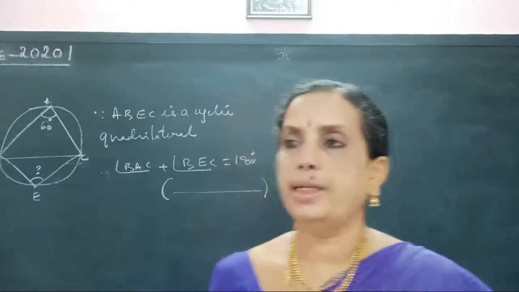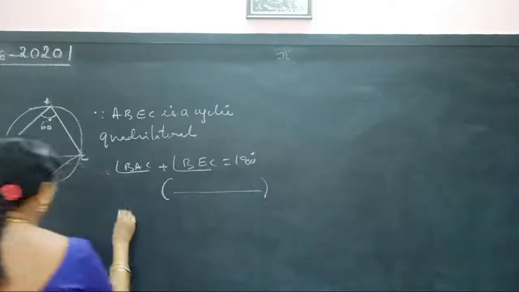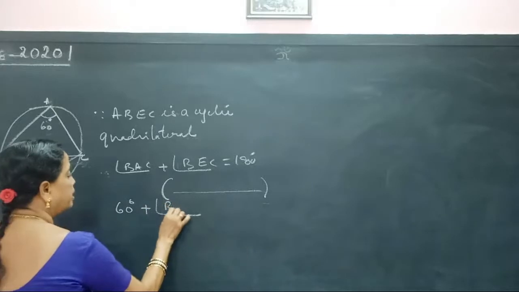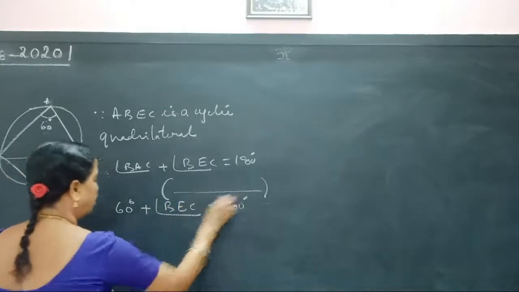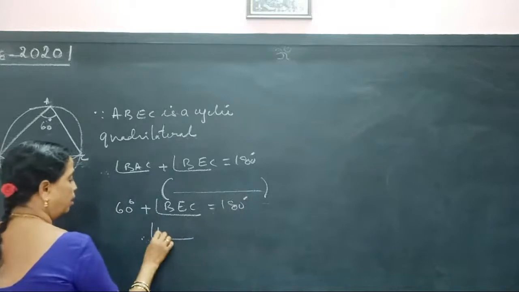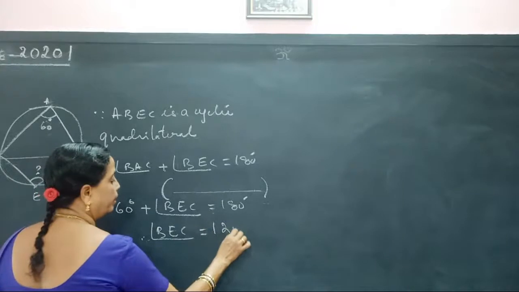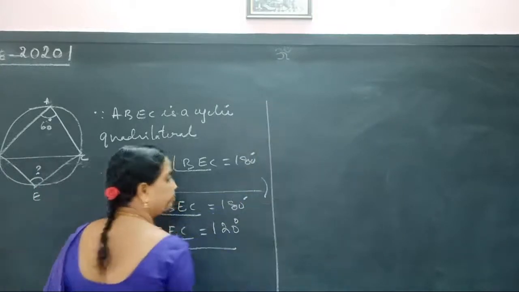Both reasons are correct. The next step you write 60 degrees plus angle BEC equals 180 degrees. Therefore, angle BEC equals 120 degrees. Your answer is right.